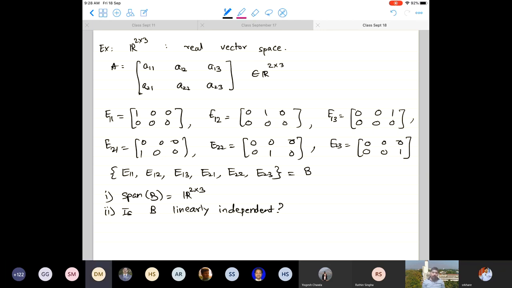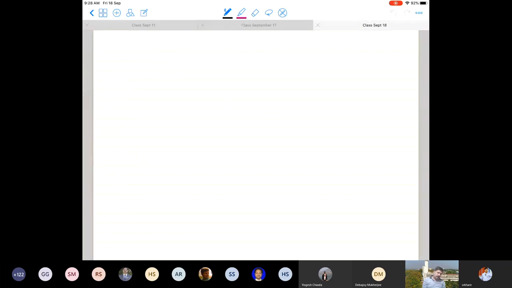Sir, first the argument for linear independence: take beta 11, beta 12, beta 13 and so on, add them all up and equate that to 0, and we will show that for it to be 0, all the betas have to be 0. Correct, absolutely. What you have to do is start with the linear combination of vectors and equate it to 0. So what is the linear combination?